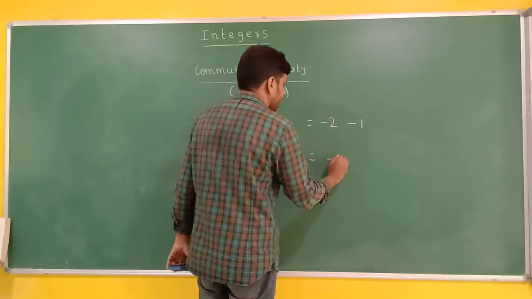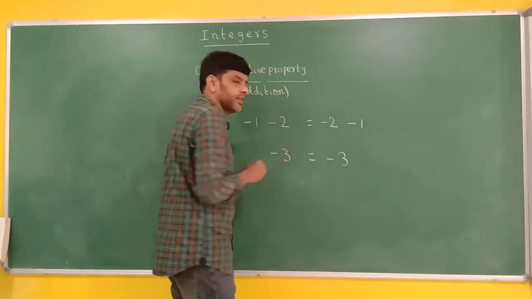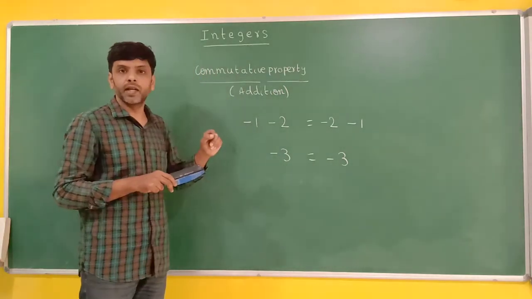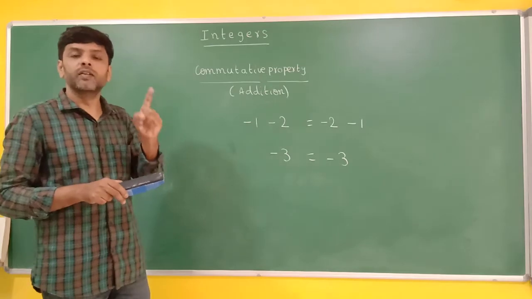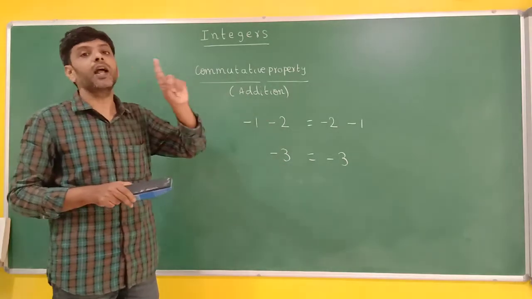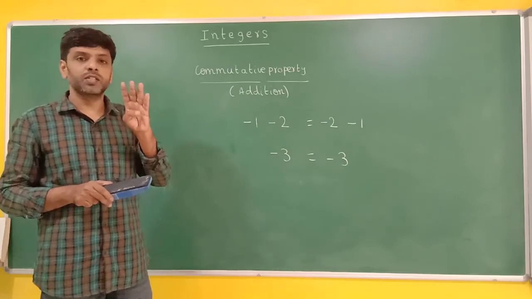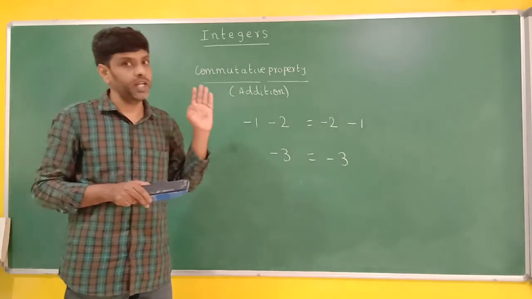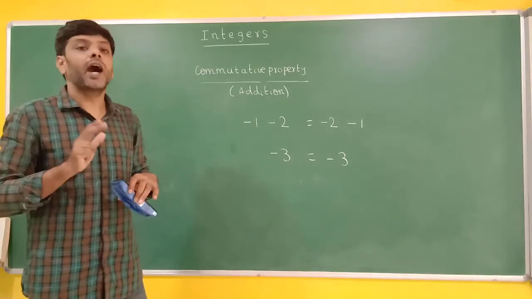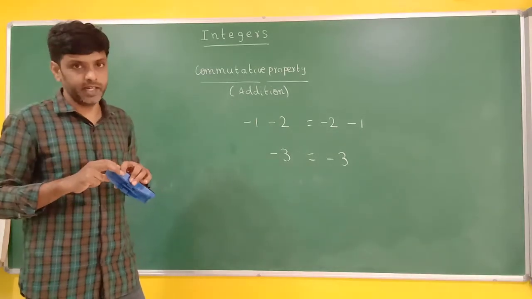And same sign. Now, what can you tell? We can tell that commutative property is true for integers also when we are adding them. Closure property is also true for addition of integers. Commutative property is also true for addition of integers.